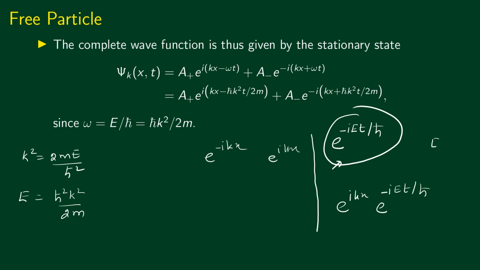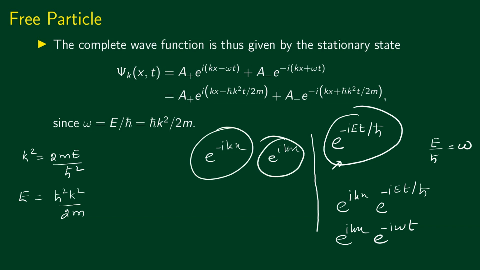Now E by h bar can be written as omega, so this can be written as exponential ikx times exponential minus i omega t. The time dependence for exponential minus ikx is also the same, because both exponential minus ikx and exponential plus ikx correspond to the same energy, E equal to h bar square k square divided by 2m. It goes as exponential minus i omega t.